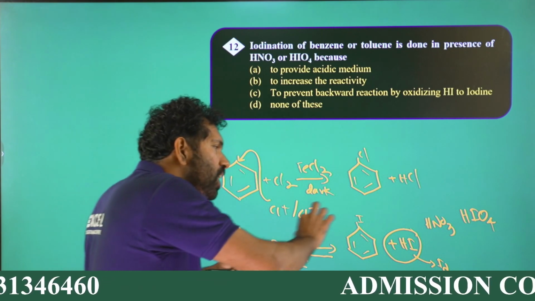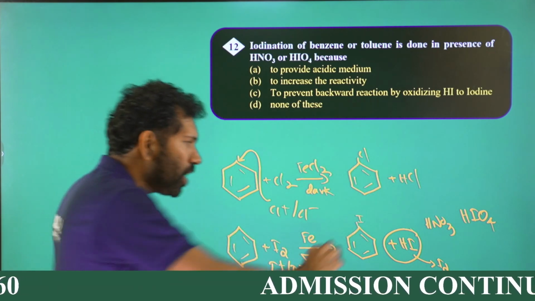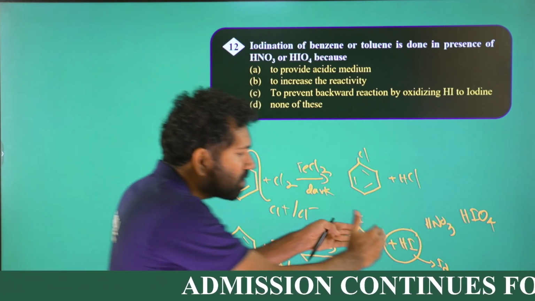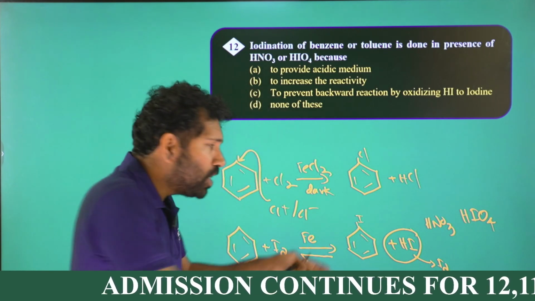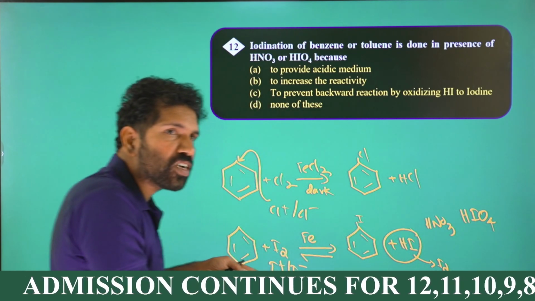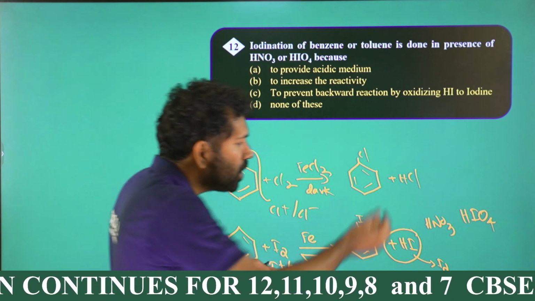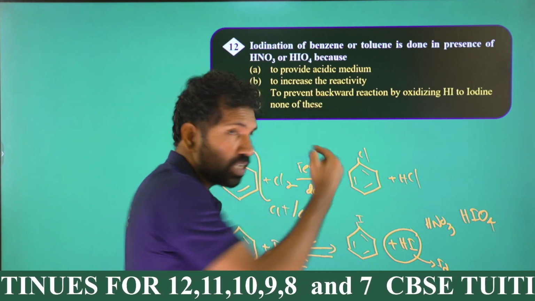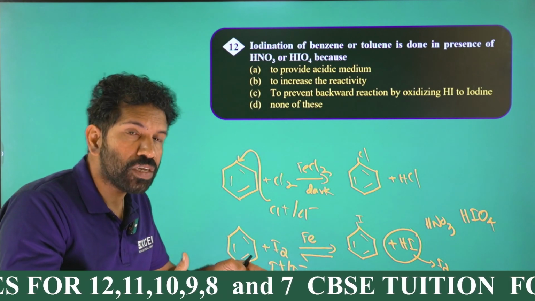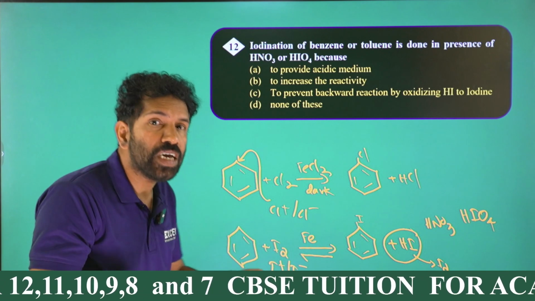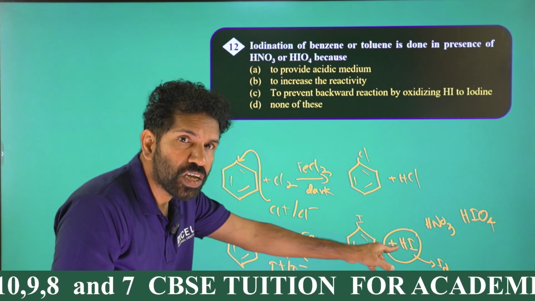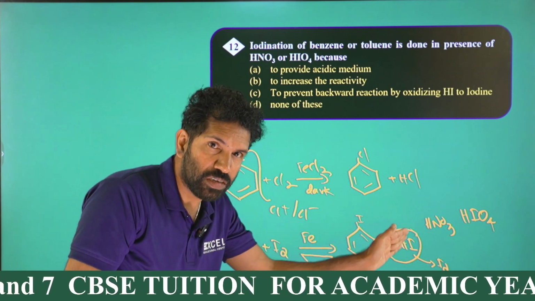The forward reaction rate will increase. So it cannot go for backward reaction. So we can increase the yield of iodobenzene by using HNO3 and HIO4, because they oxidize the HI generated to I2.